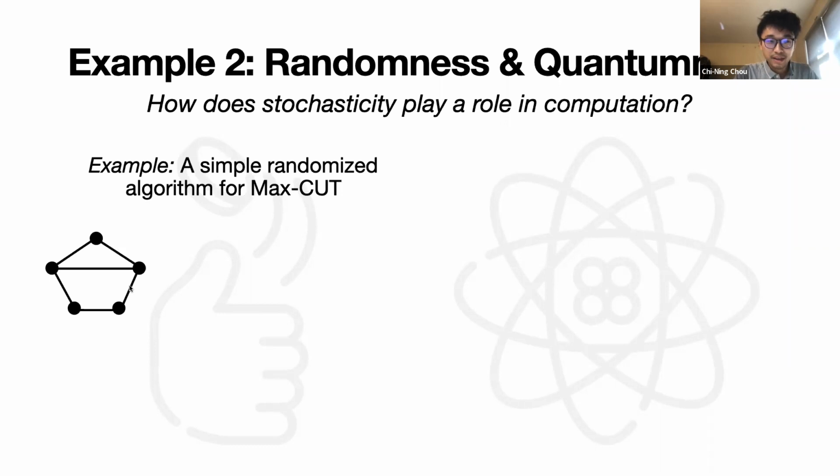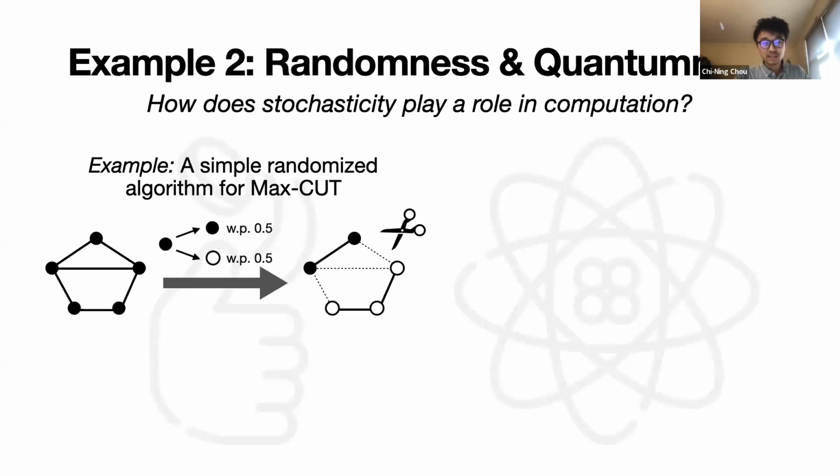If you now have some randomness, meaning that you can randomly decide the way to cut it, there's actually a trivial algorithm as follows. You just assign each vertex to be on one side with equal probability. You assign it to be black with half probability, white with half probability, something like this. And then you use it as a cut.